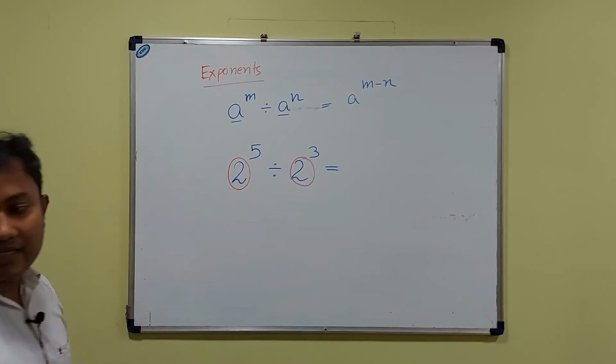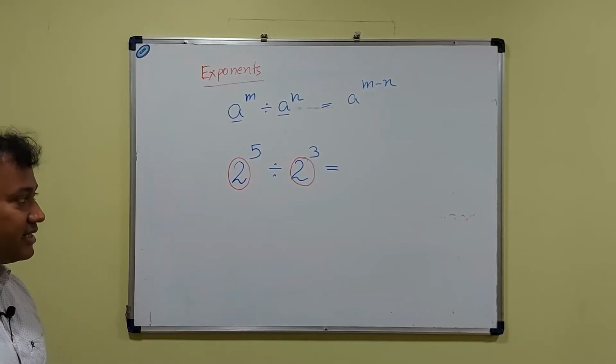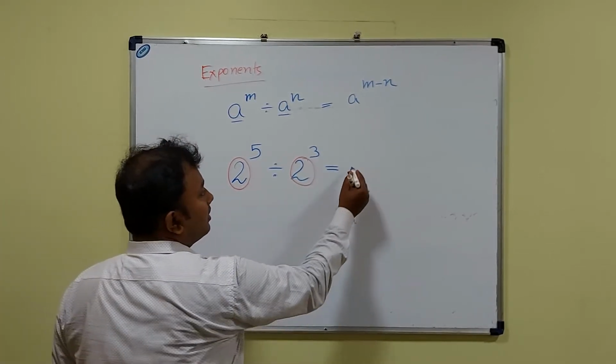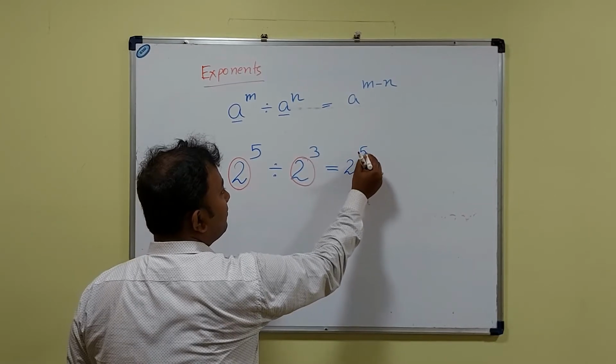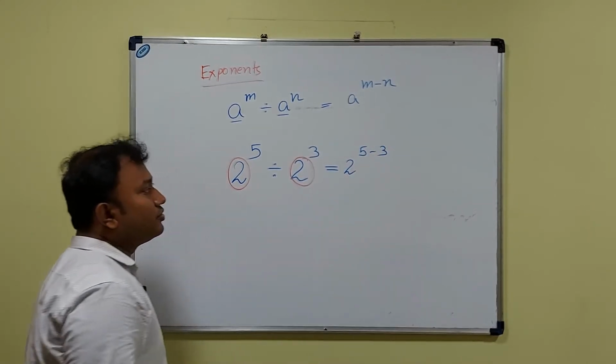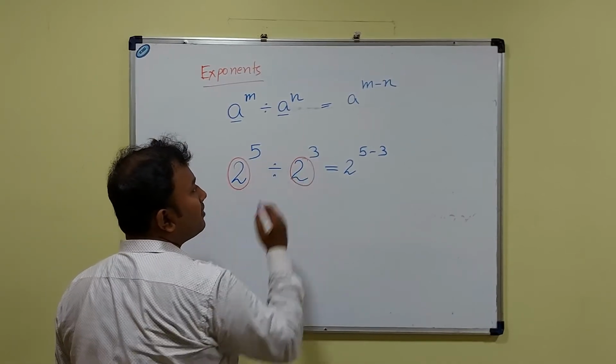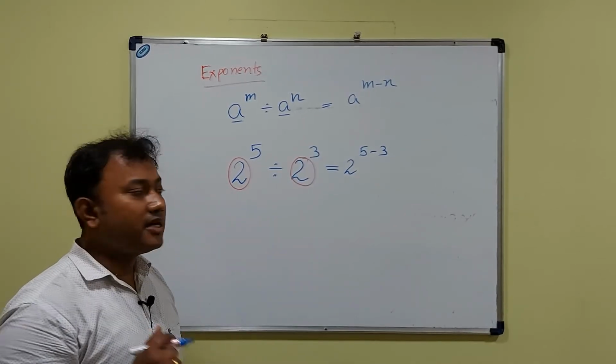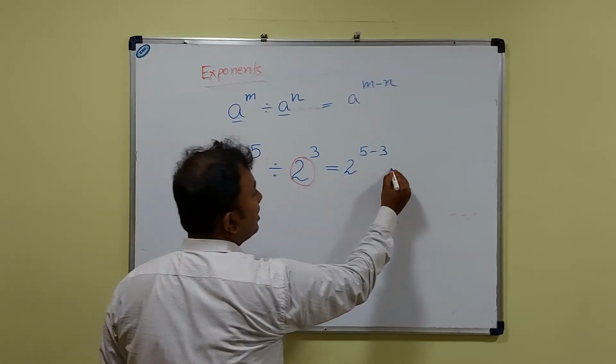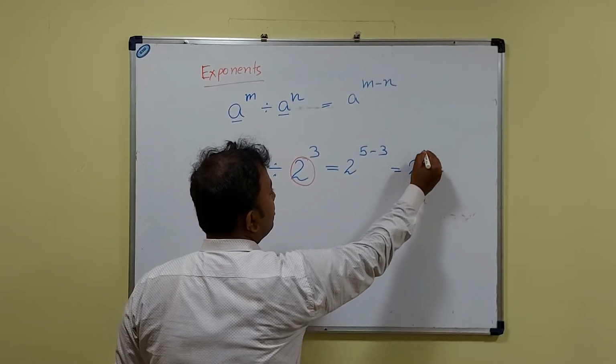So if the base is the same, then 2 to the power 5 minus 3. During division the powers are subtracted. So 5 minus 3, this will be 2 to the power 2.